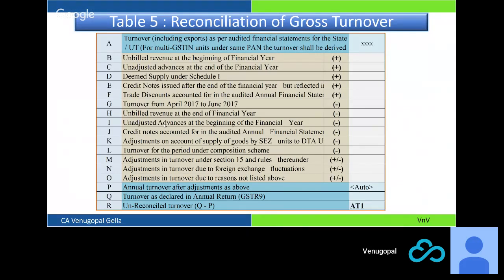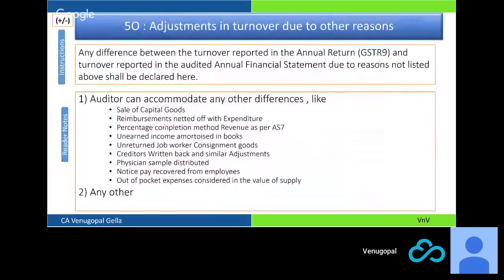If there is any unreconciled turnover, which is 5R, it is explained in table 6. And there are adjustments which are beyond what is listed in table 5. The auditor can use table 5O, adjustments in turnover due to any other reasons, which can be plus or minus, and you can list out any other adjustments which need to be done.